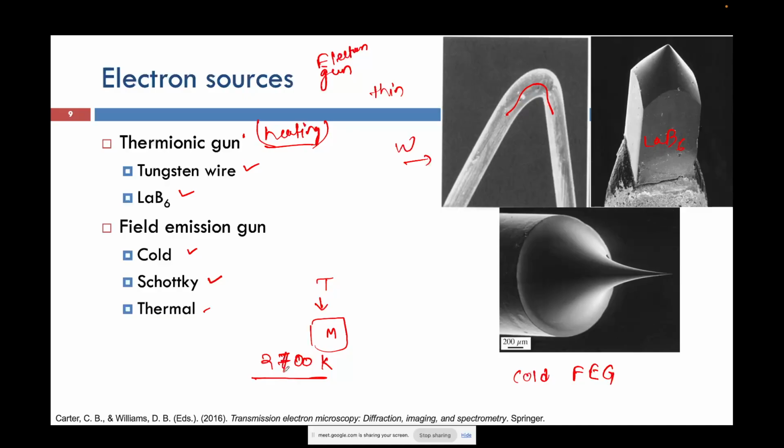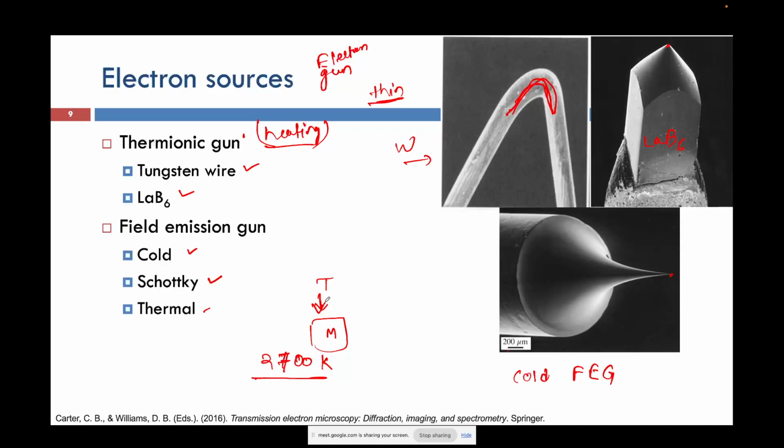Also, the time for electrons to come out of a thick material will be very large compared to a thin material. You can see from here, this is 200 micron, and the tip will be somewhere here; all the tips will be very small. So this is a hairpin kind of structure. This is also a very thin, pointed structure, and only in this pointed structure will the electrons start coming out, right? This is the fundamental mechanism behind electron generation in an electron gun.